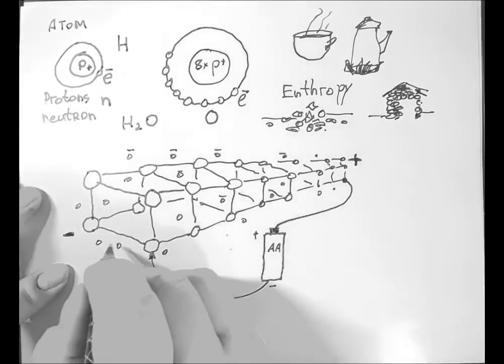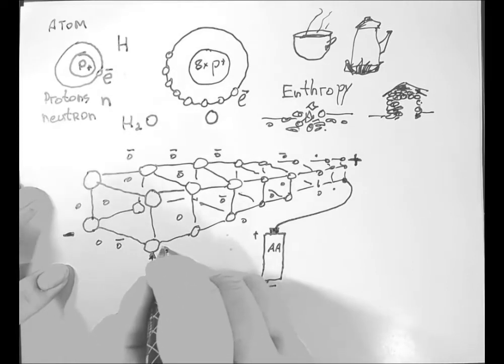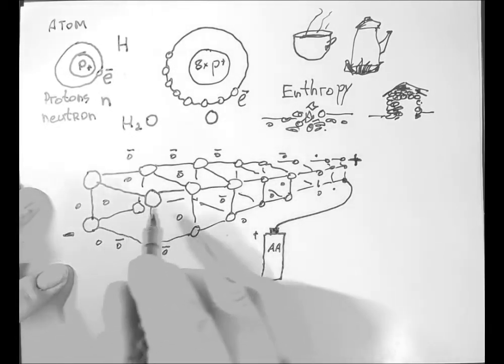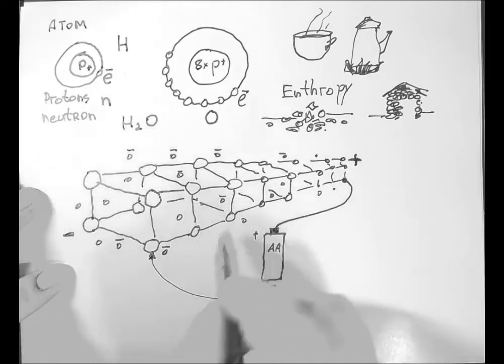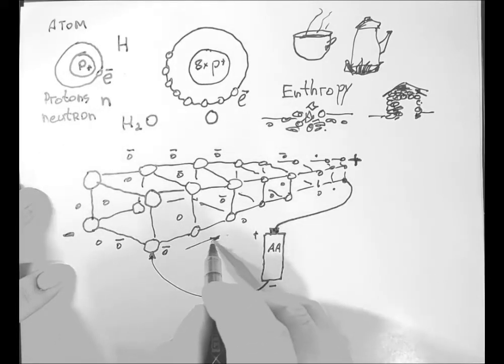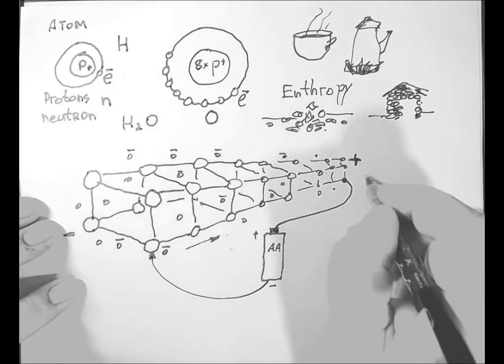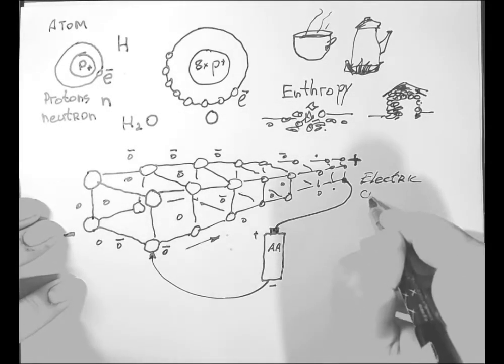Negative charge will not attract electrons, it pushes them away. So electrons will fly away from this particular end to the far away end of this conductor. And the direct motion of these electrons creates electric current.